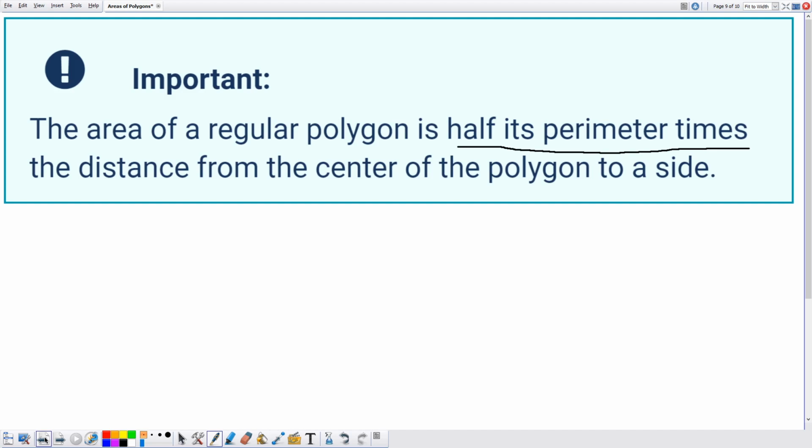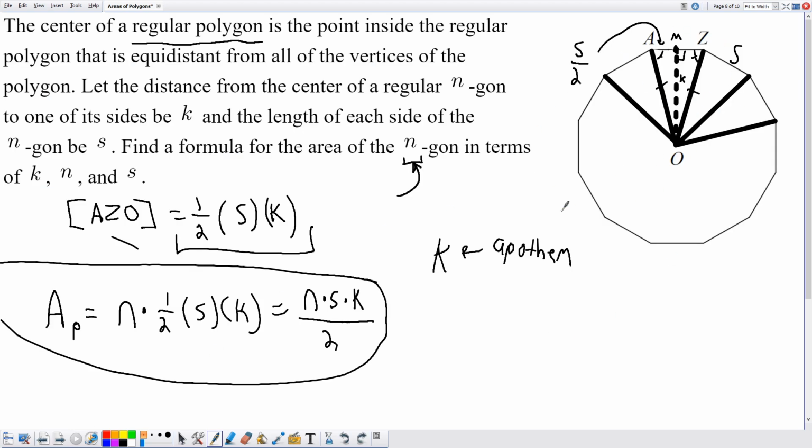Well, now you might be thinking, how is it half the perimeter? Well, because the number of sides times the length of the sides is the same thing as the perimeter. n times s equals perimeter. Think about it with simpler shapes.